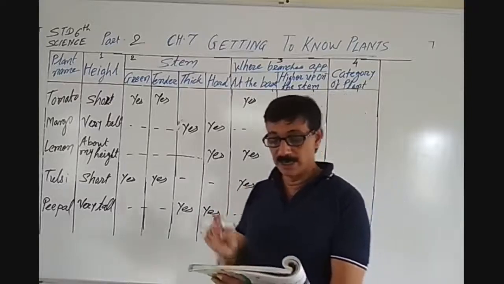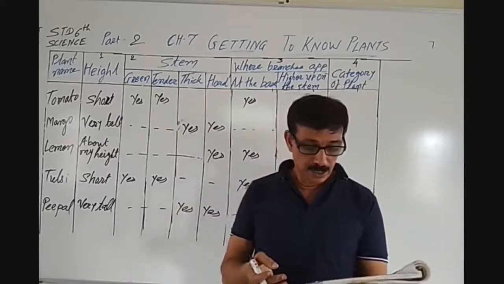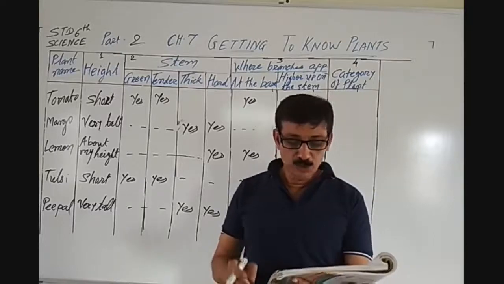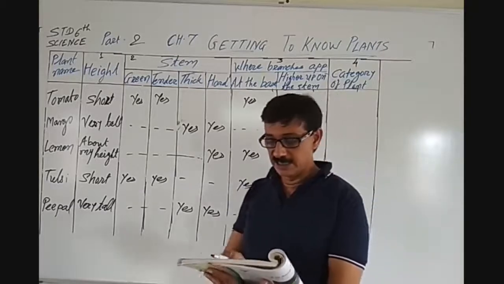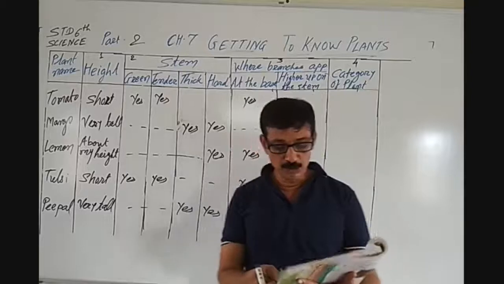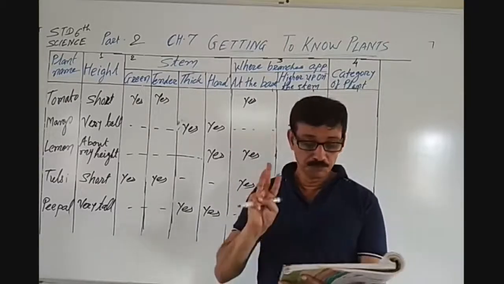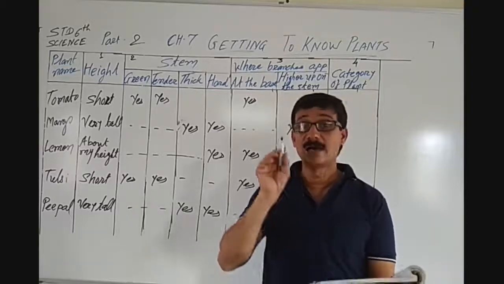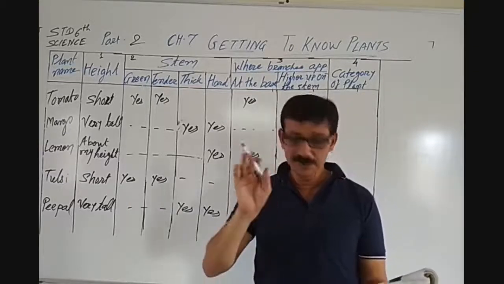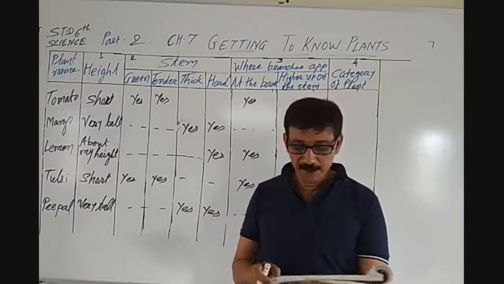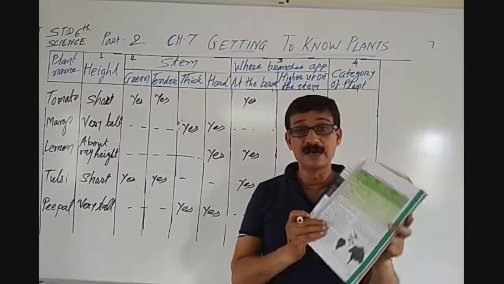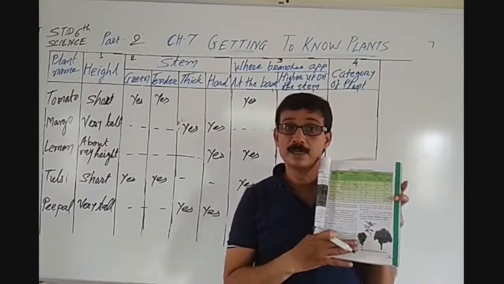Fill column 4 later after studying. Based on these characters, most plants can be classified into 3 categories. Those are herbs, shrubs and trees. An example of each is shown in figure 7.3.